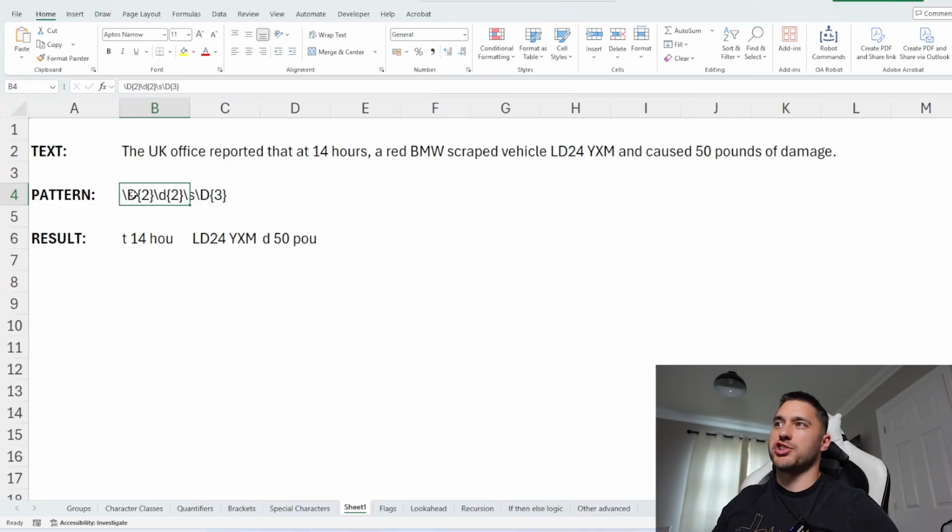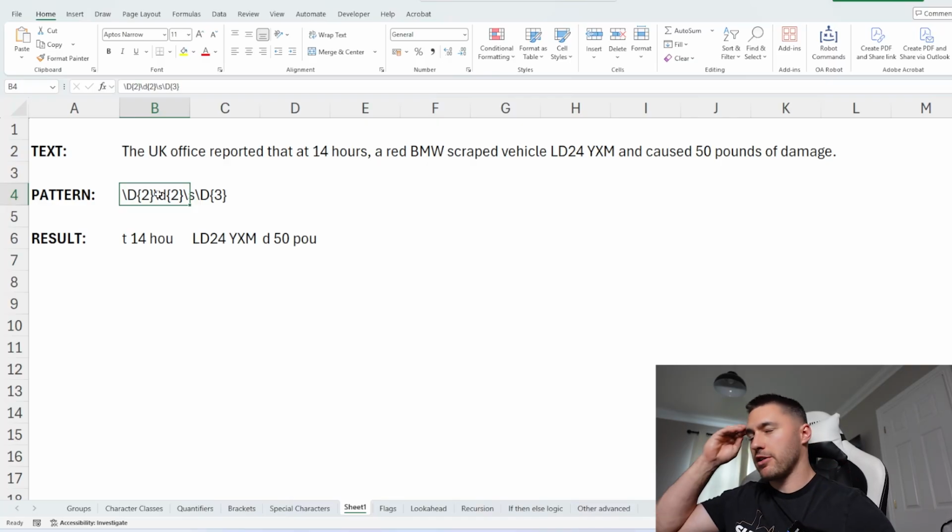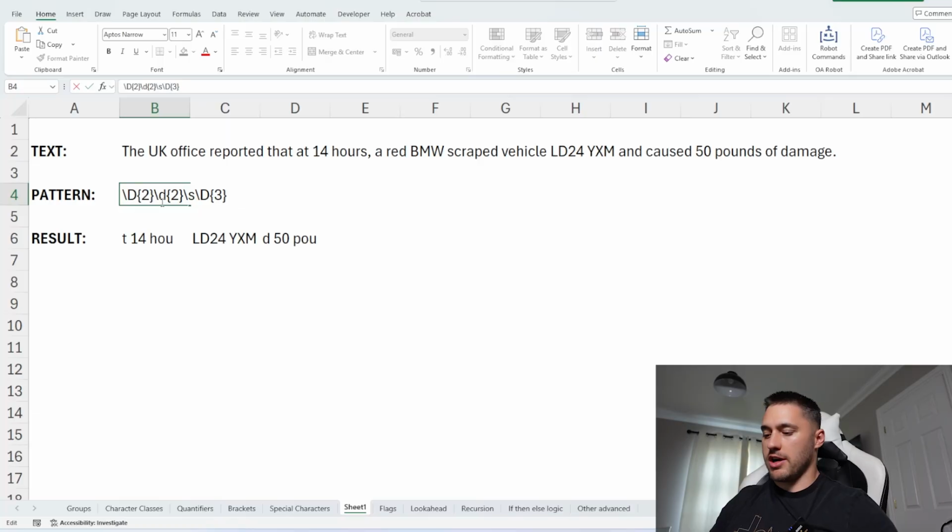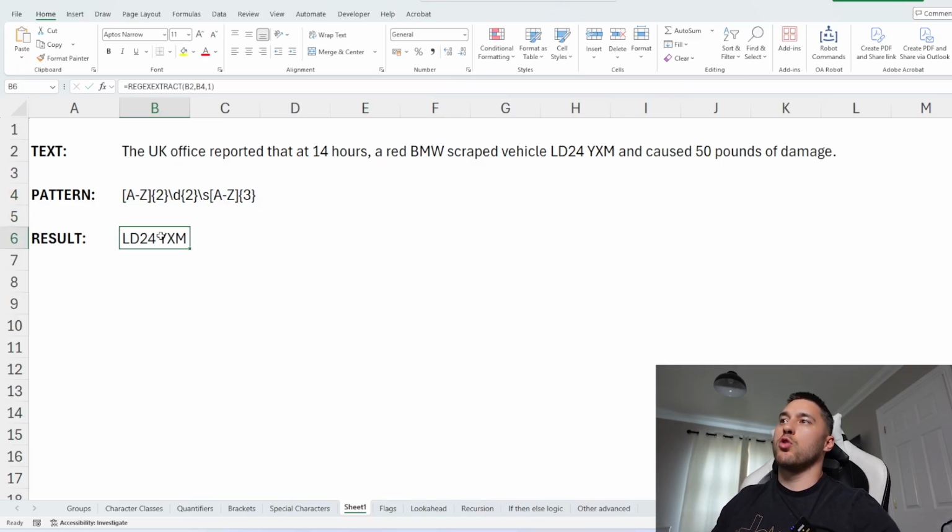It's great that we know these general characters and these negation of characters, but try to be specific when you're writing things. So let's change this backslash non-digit to be a specific capital A to Z range. That's in square brackets, like so. Let's change this one as well. So now we have a much more specific pattern that we're trying to match.